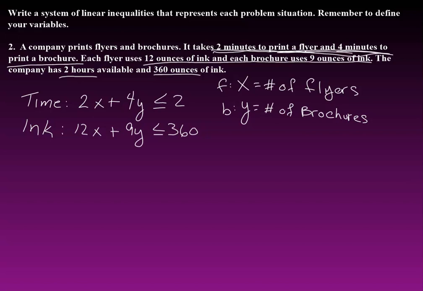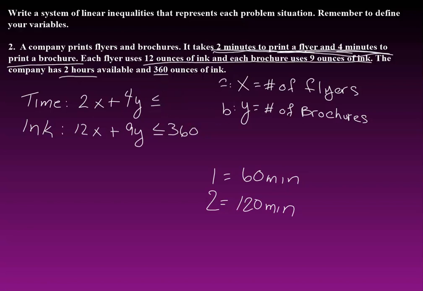So that's where the 2x plus 4y came from. And then, I lied in how I set this up. The 2 here should really be 2 hours, and 1 hour equals 60 minutes, so 2 hours equals 120 minutes. So this should really be 120.